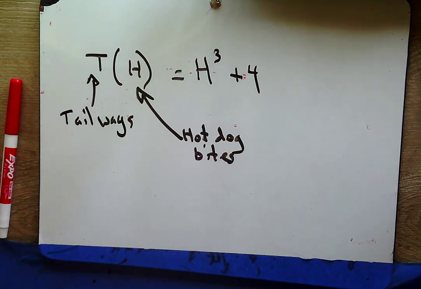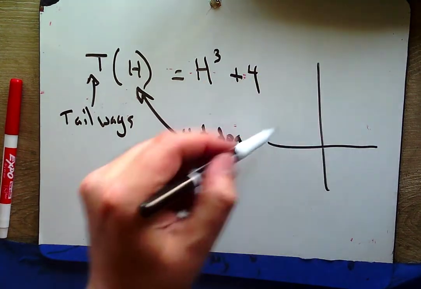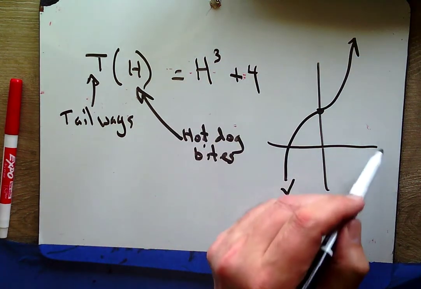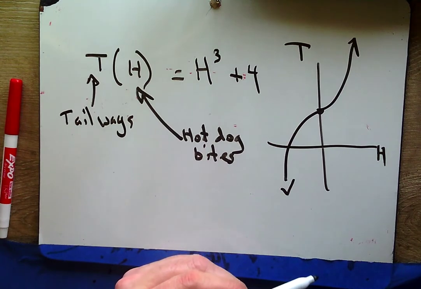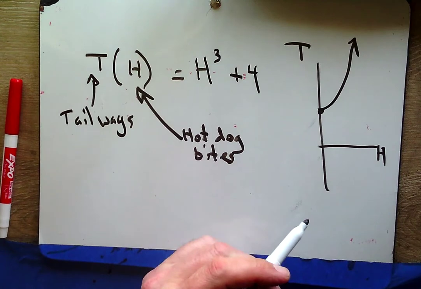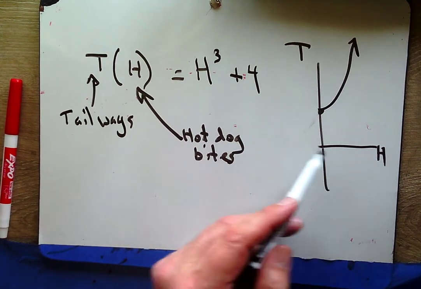Okay, how come? Right. We know that this function is a cubic just shifted up 4, and so we're looking at something like this and this. I plug in an h, I get out a number of tail wags. I probably don't have any use for this stuff over here because I can't have a negative number of hot dog bites.